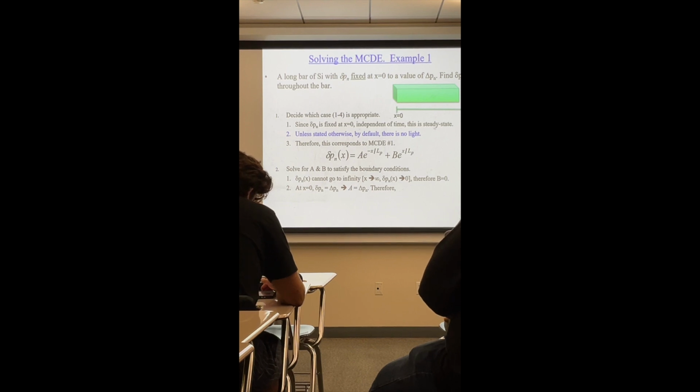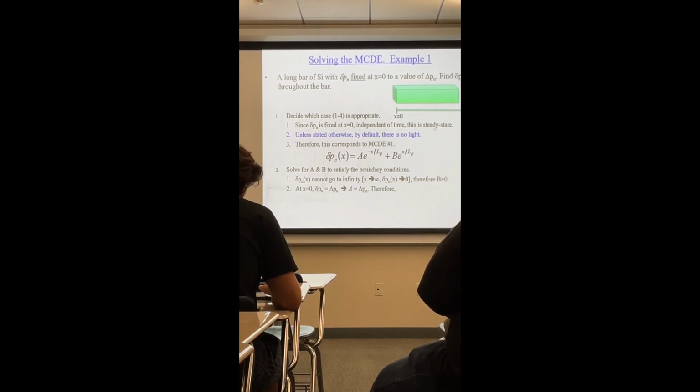In order to satisfy this equation, the exponential of negative infinity is basically 0, while the exponential of infinity is infinity. So it indicates that b must equal 0, otherwise this equation cannot be satisfied.